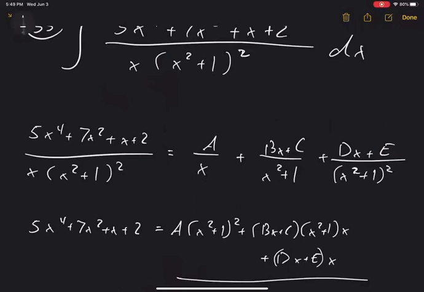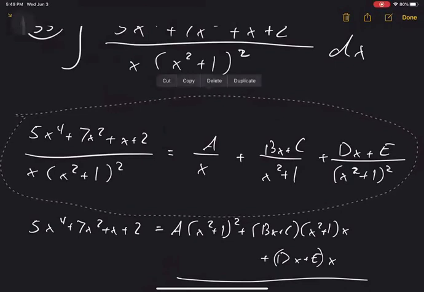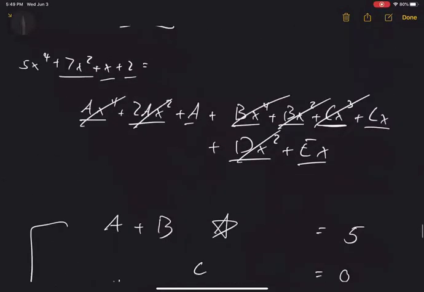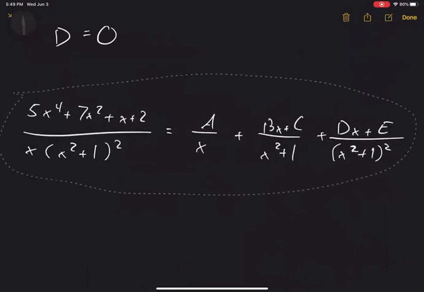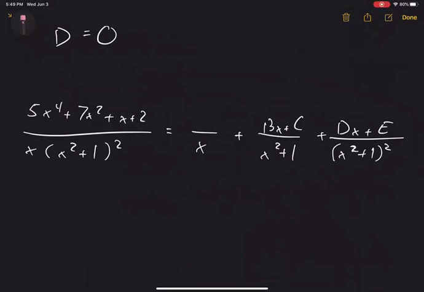Okay, so let me copy this. Bring it down. All right. So what do we know about a? A is equal to 2. What's b?